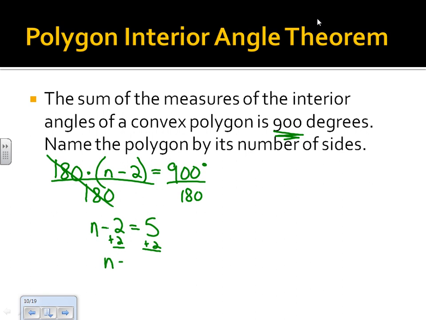So n equals 7. Are we finished? No. Because why? Good. Make sure you read the question. You get n equals 7, but that's not what I asked for. I said name the polygon by its number of sides. So go back and take a look at 7. What is 7? A heptagon. So this would be a heptagon.